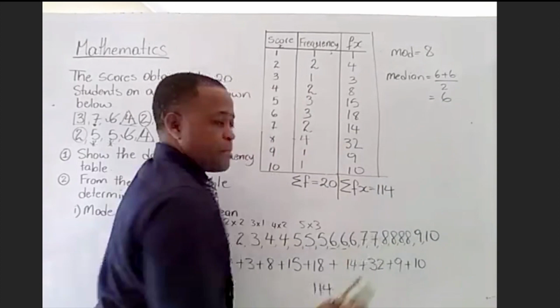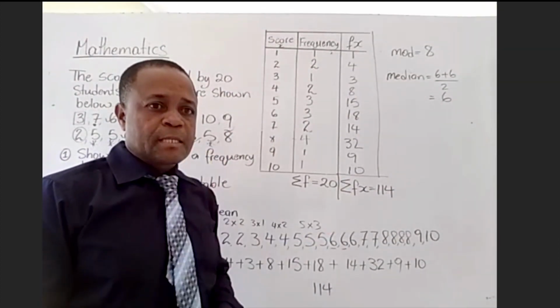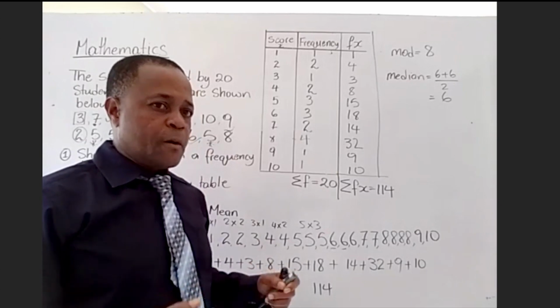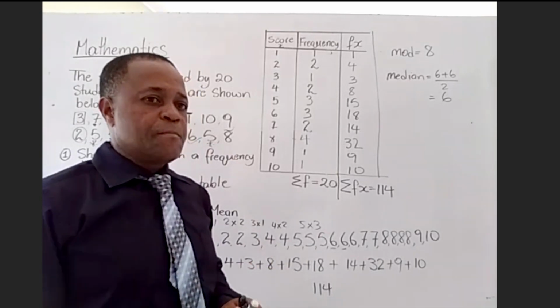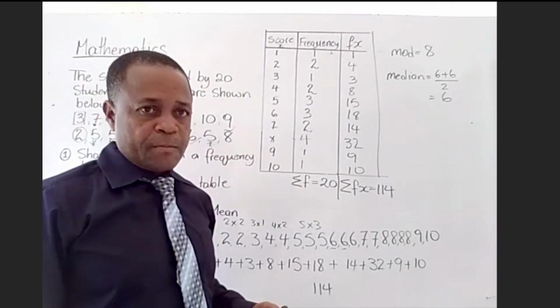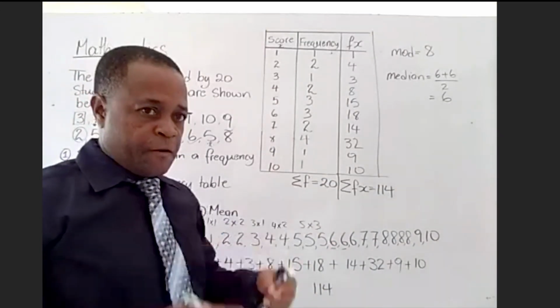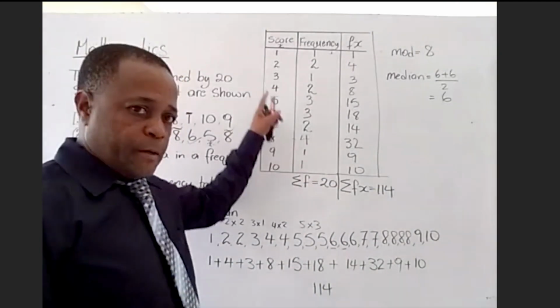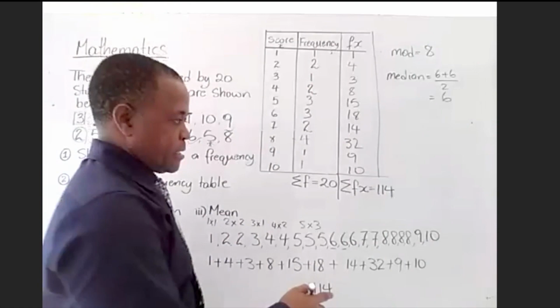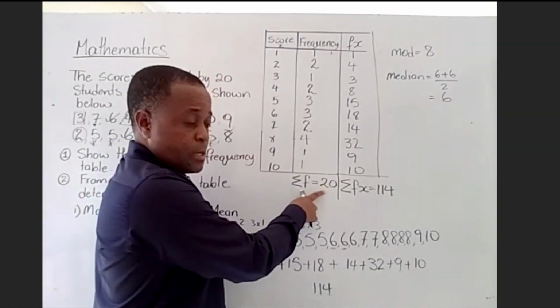Now, by looking at the table here, do you realize that we have come up with a formula for the mean from a frequency distribution for the ungrouped table? It is going to be 114 divided by 20.